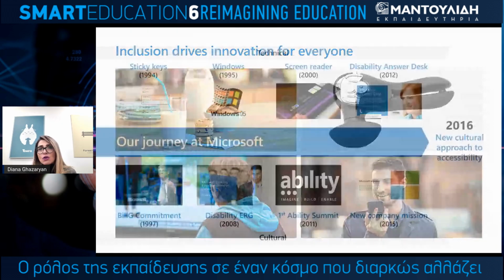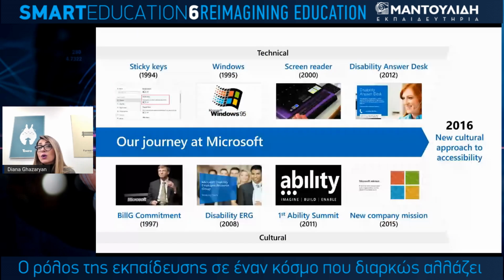In Microsoft, we had a long journey with this, and we continue doing this journey. The first features came out in '94 with the sticky keys. The disability desk I also mentioned, but the key change happened when the new CEO was appointed, Satya Nadella, in Microsoft. And after that, we now also have a chief accessibility officer.